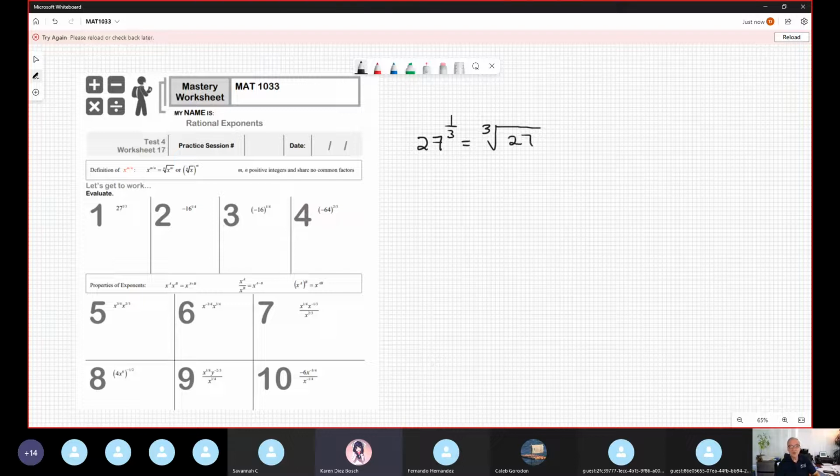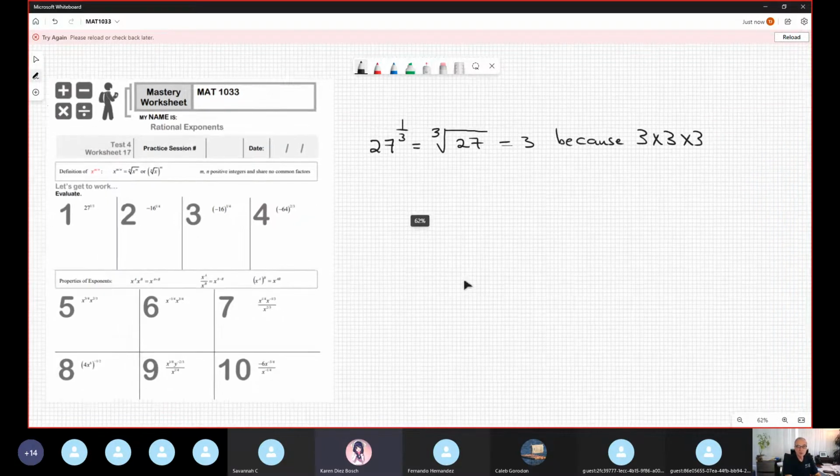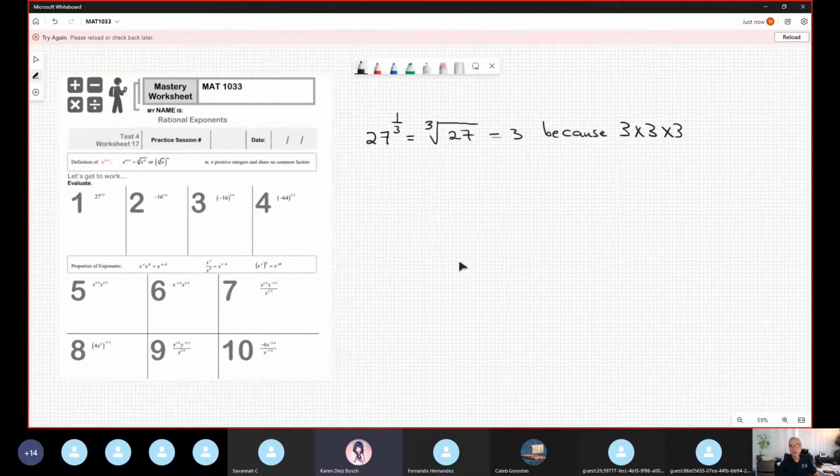Oh, I know that it's 3 because 3 times 3 times 3 is equal to 27, which is exactly the number that we have inside the radical symbol. I know by memory some cubic roots, not all.